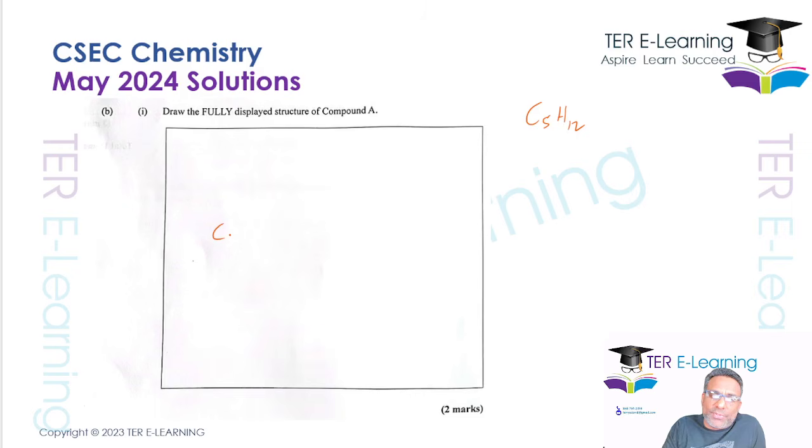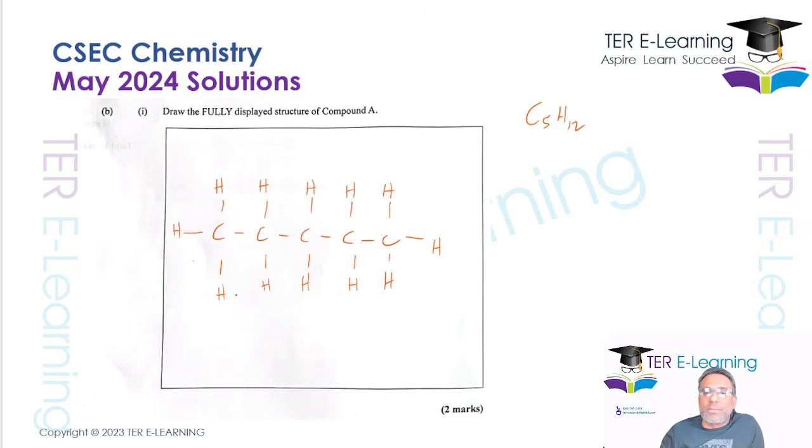So for 2 marks, we're just going to draw 1, 2, 3, 4, 5, and then we're just going to draw some hydrogens. Right, we're getting 2 marks for drawing this. So that's 2 marks.